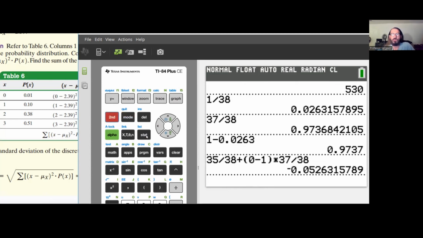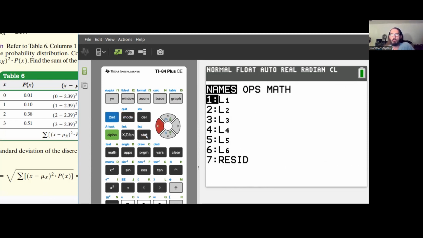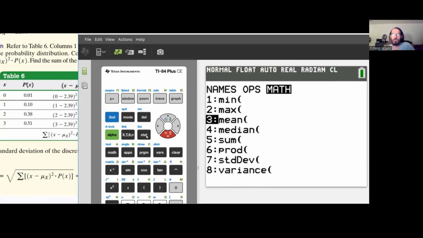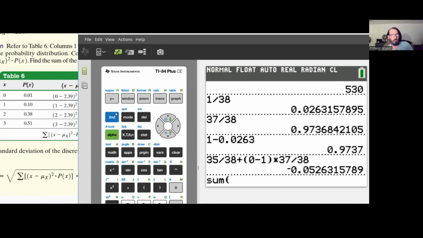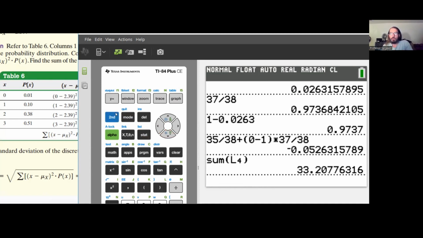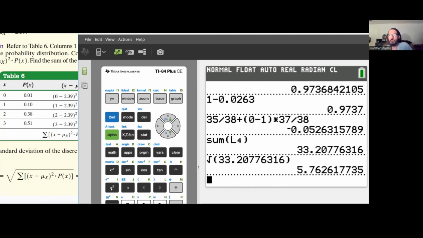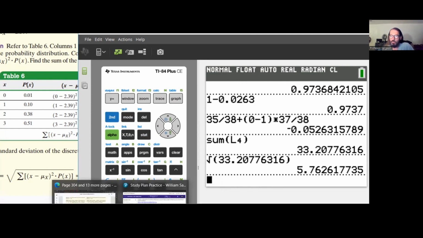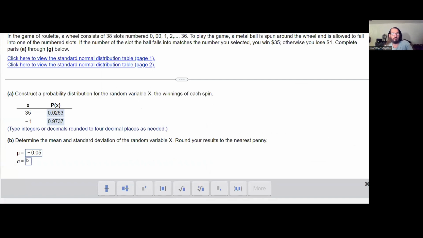Second and stat, Math submenu, sum of list 4. Take the square root of that answer. And I said to the nearest penny, so to the nearest hundredth, that would go to 5.76.